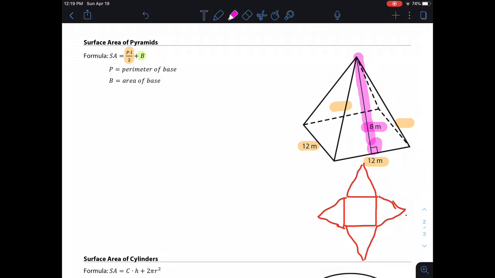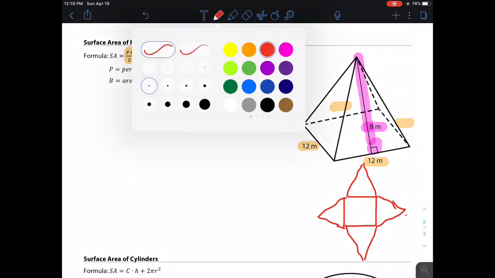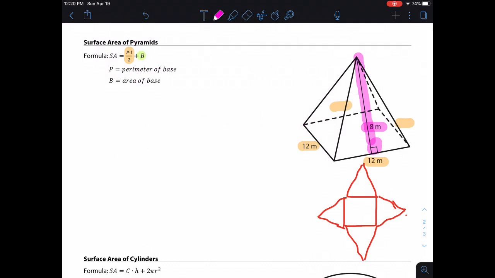That L is called the slant height. And it's a very descriptive term, obviously. It's the height, but it's not a height that's perfectly straight up and down. It's slanting. If you think about a pyramid, the edges of a pyramid are slanted, so it's the slant height.